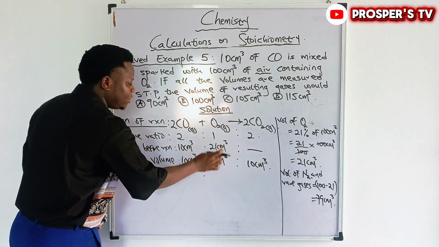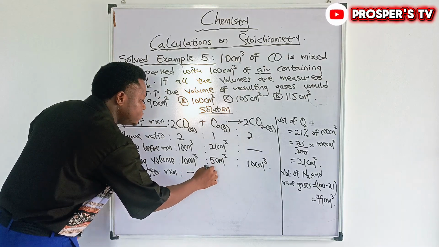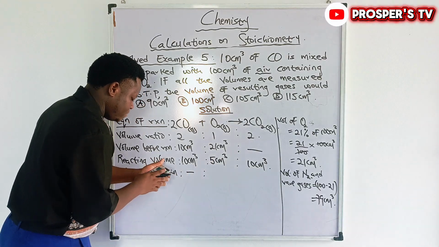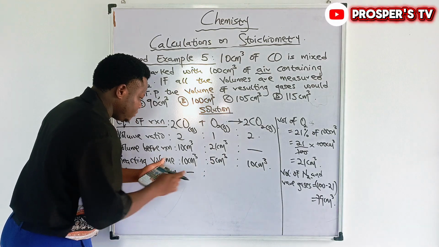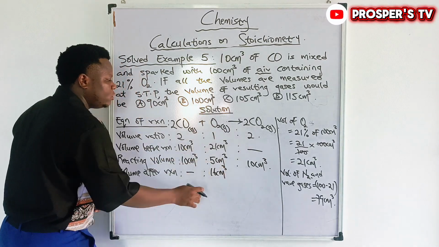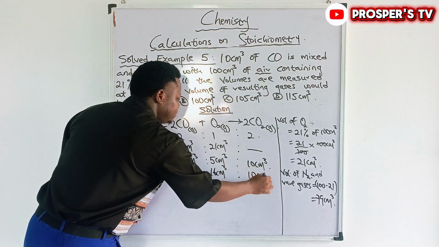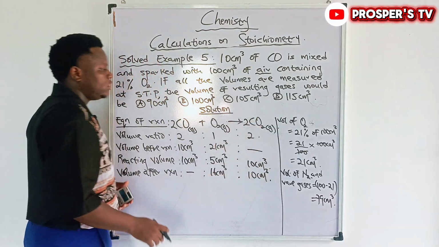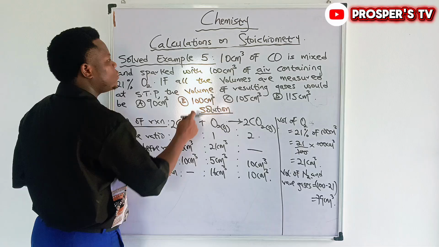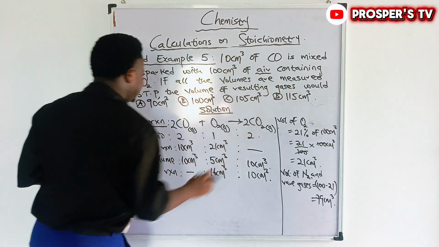Then for this, 21 minus 5, you have 16 centimeter cube of O2 left. And of course, at the end of the day, I have 10 centimeter cube of CO2 produced. So the question said you should do what? Calculate the volume of the resulting gases.